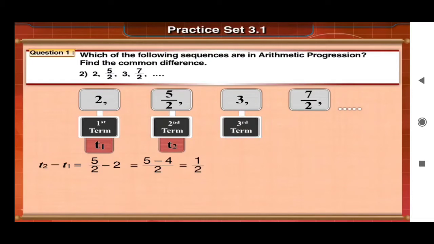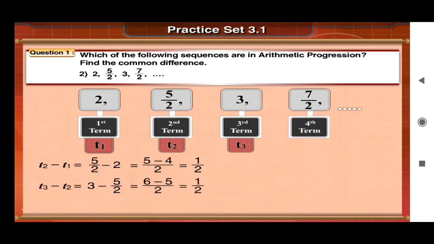The third term is 3. T3 minus T2 is 3 minus 5 upon 2, which is equal to 6 minus 5 upon 2, that is equal to 1 upon 2. The fourth term is 7 upon 2.